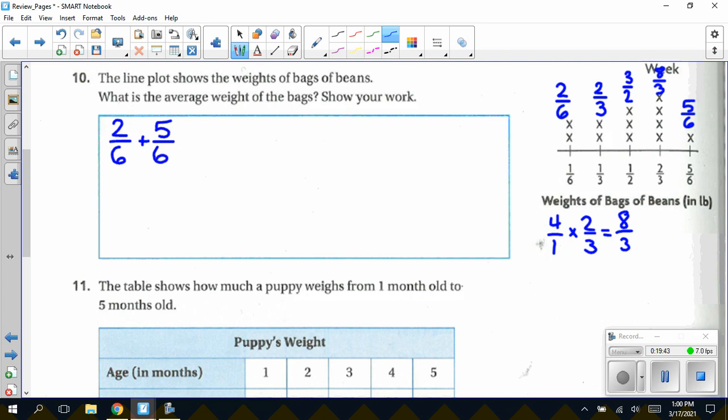So now for my 2/3, I want to convert my 2/3 to have a denominator of 6. And when I fill in my blank, I have 3 times 2 equals 6. So 2 times 2 will equal 4. So now for the 2/3, I have 4/6.